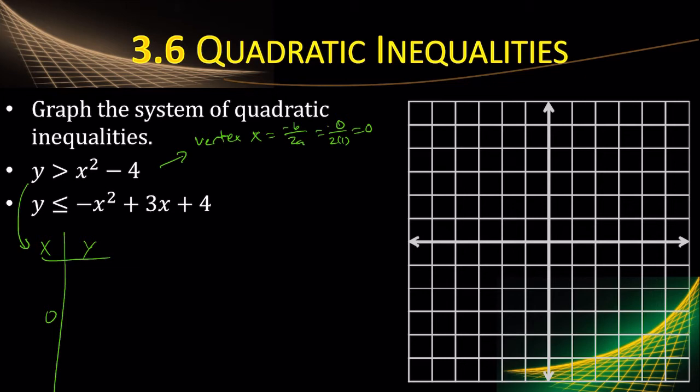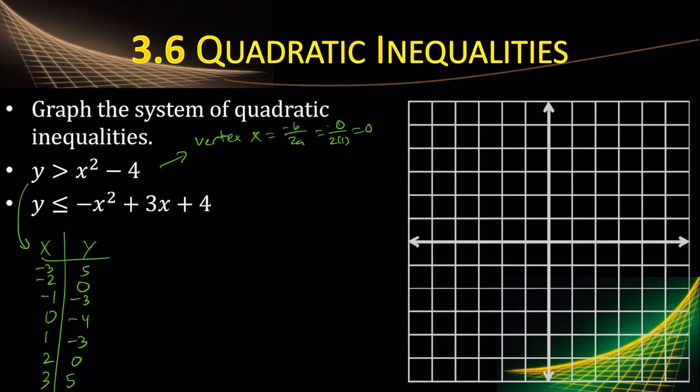So then I'll make a table in my calculator. So I have negative 3, 5; negative 2, 0; negative 1, negative 3; 0, negative 4. So there's my table for that one.